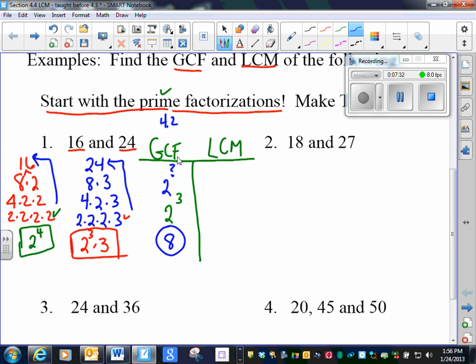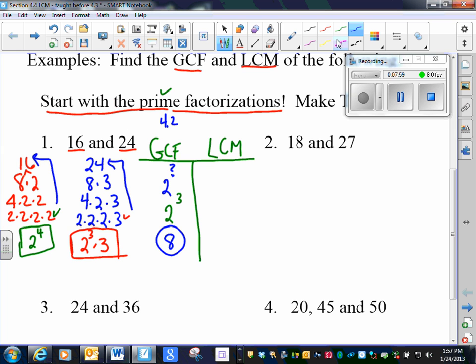To find your GCF, you look in your boxes and you write down only the bases that occur in both boxes, the 2. Last step, put on the exponent. Look at your exponents. This 2 is to the 4th. This 2 is to the 3rd. I take the smallest number. That would be the 3. And then I ask myself, okay, well, what is 2 cubed? It's 8. That's my GCF.